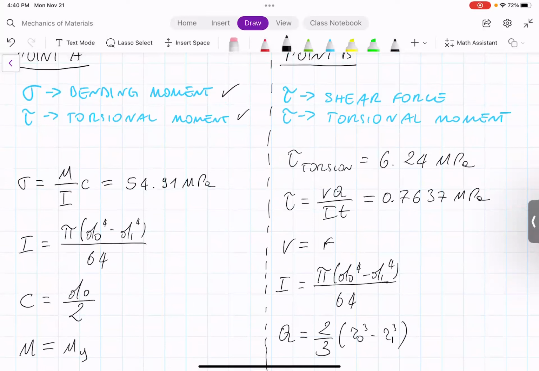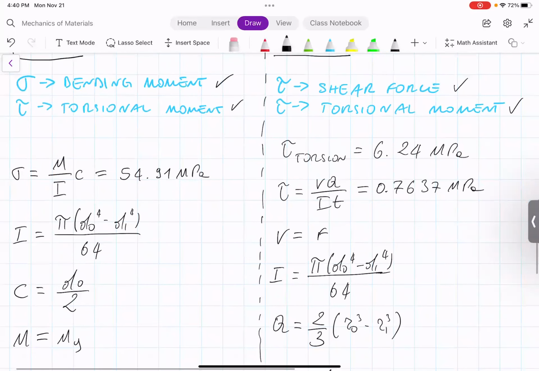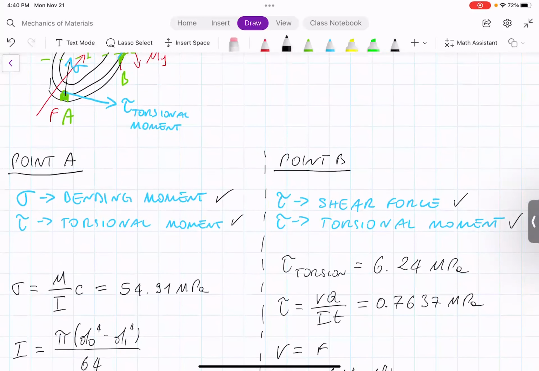So we can check: the shear stress due to the torsional moment was the first one that we found, and then now we have the shear stress due to the shear force. So basically, this is how we solve this type of problem. What we have to do is analyze the effect of each individual load on the points that we are interested in.